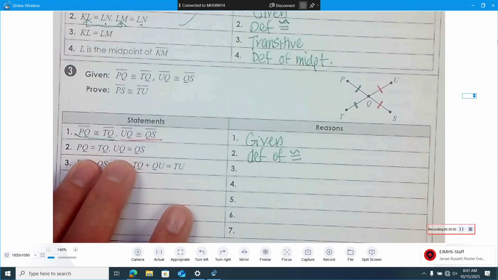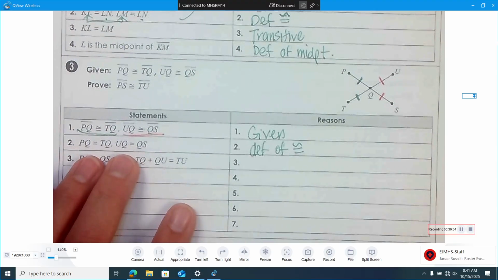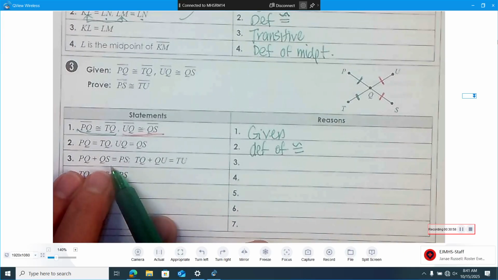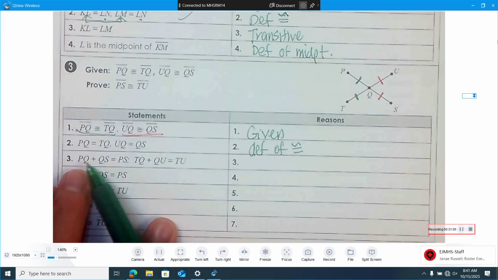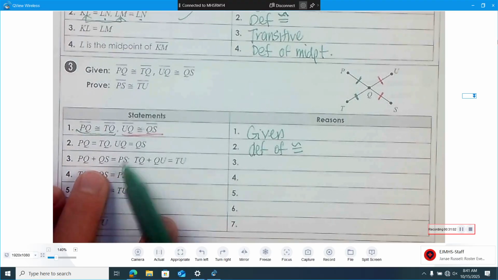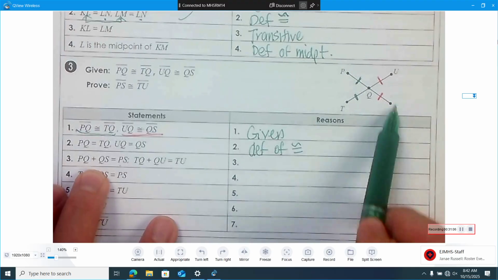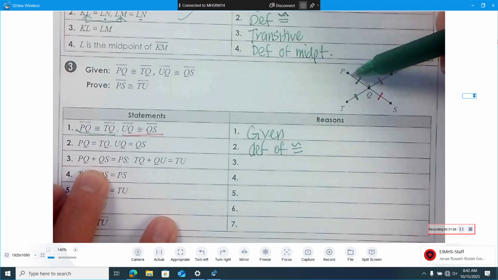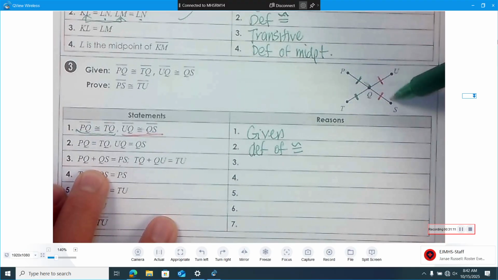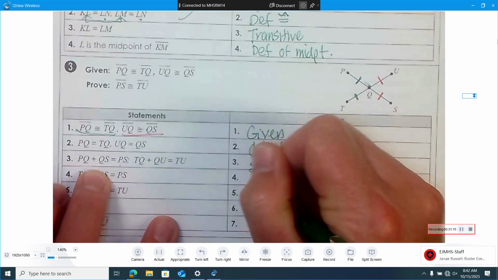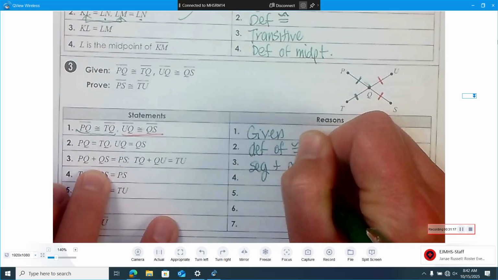We're trading between congruence and equality. Okay, so now we're in equals mode. Let's see, statement 3 here, PQ plus QS equals PS. What allows me to say PQ plus QS equals the whole PS? Yeah, segment addition postulate. Very good.